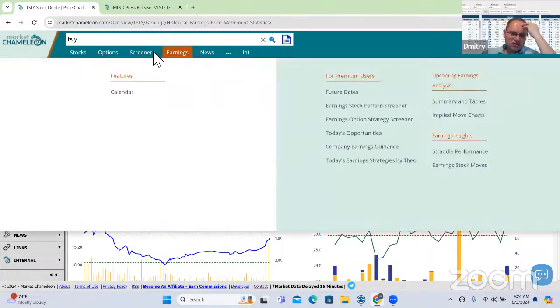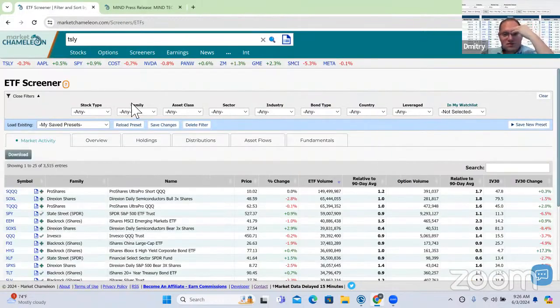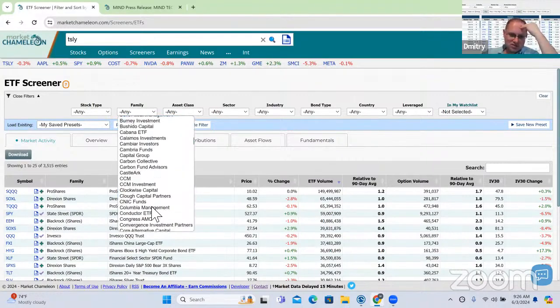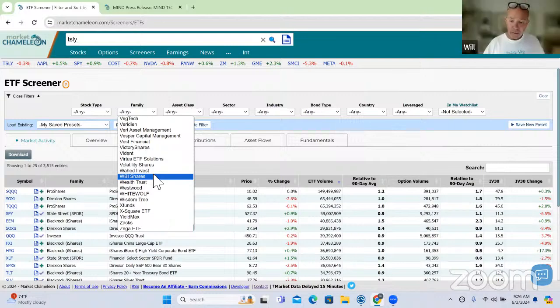Let me see if you could screen it by ETFs. Maybe in here, the ETF screener. Let me just see if it's in here. Yield Max. TSLY is one of the symbols. I only know because they were talking about it in the chat.